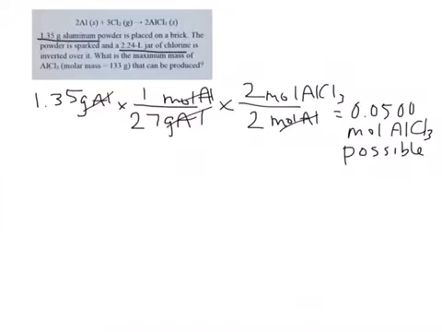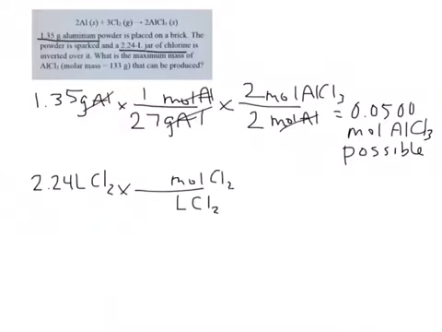Alright, so we've done aluminum. Let's do chlorine now. 2.24 liters of chlorine. I've chosen this problem on purpose because we have volume, and it'll be good practice to change from liters of chlorine to moles of chlorine. And this is the one you need to have memorized. At standard temperature and pressure, 22.4 liters of any gas is 1 mole.